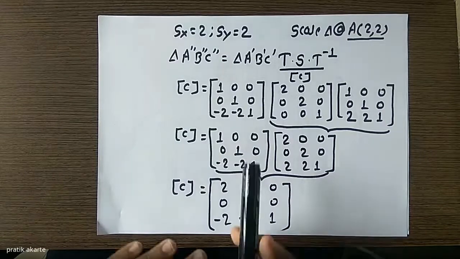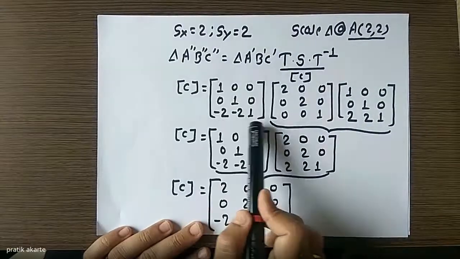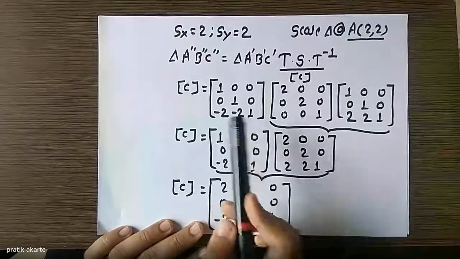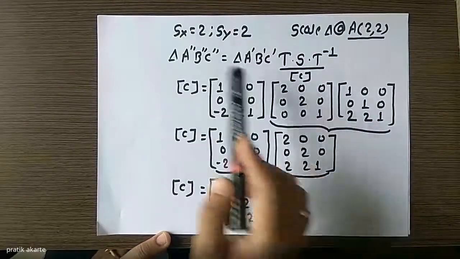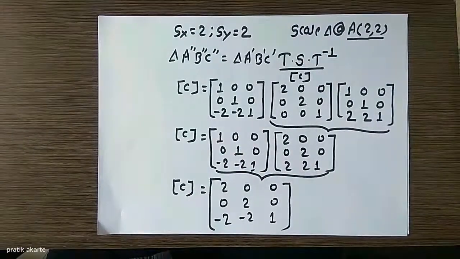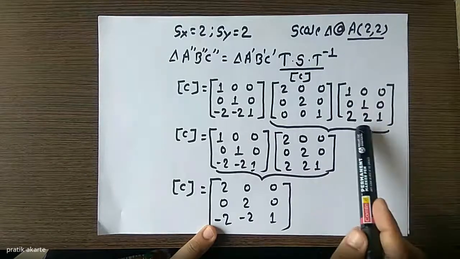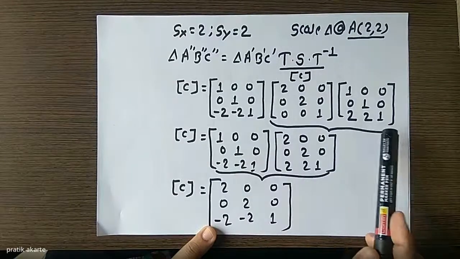So we have translation, scaling, and inverse translation. This is translation. Since the coordinates are 2, 2, we have considered tx as -2 and ty as -2. Then scaling: the scaling factors are sx is equal to 2 and sy is equal to 2, as mentioned in the problem that you have to scale twice the original shape. And we reposition it back with the help of inverse translation, so tx is 2, ty is 2, and 1.